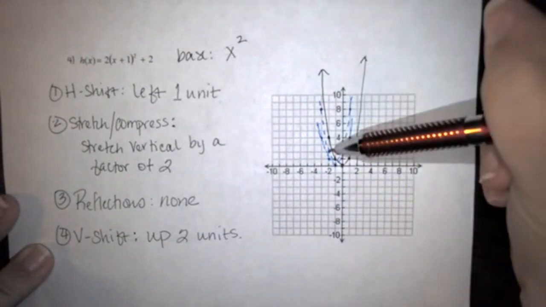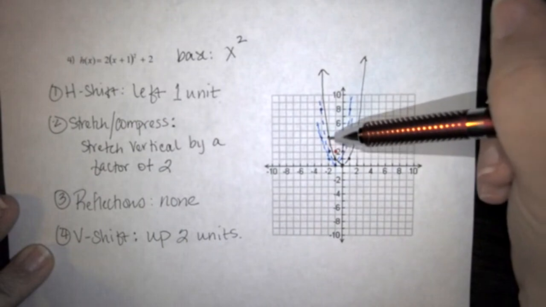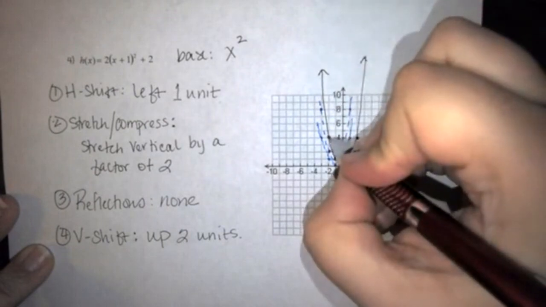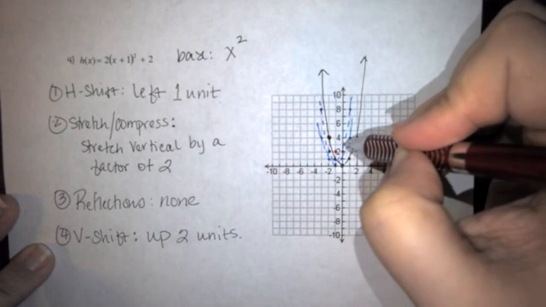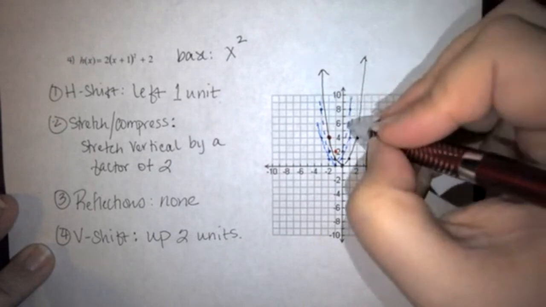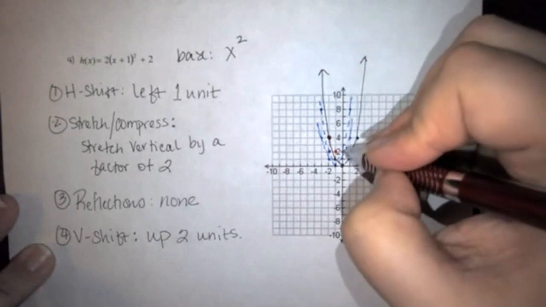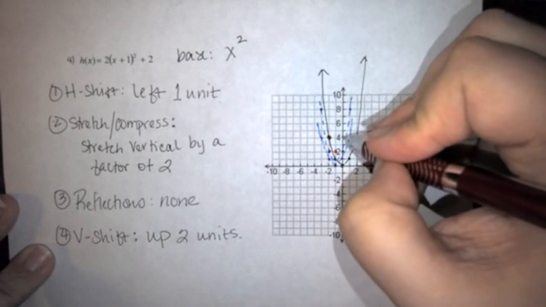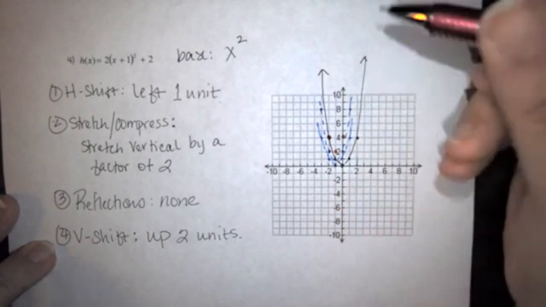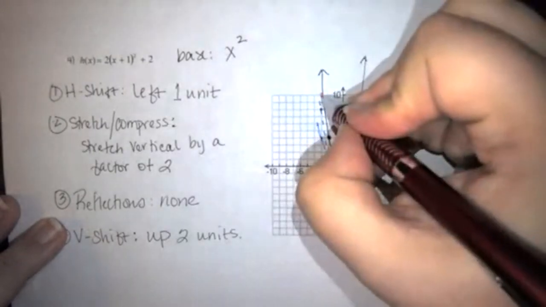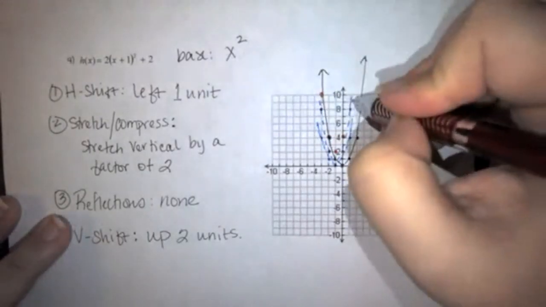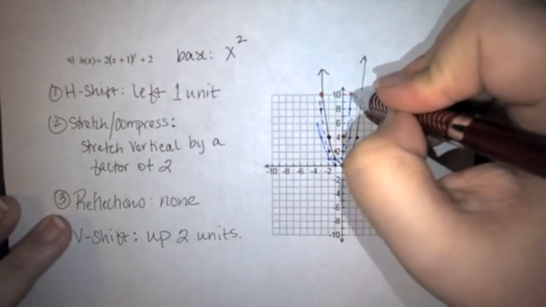And then we need to go to our new point, so it's this point here, and we're going to come up 2, so it's this point right here. And then on the other side, we're going to come up 2, and 2, so it's this point right here. And then from this one, we're going to go up 2, so 1, 2, that makes it right here. And same, 1, 2, puts it right here.